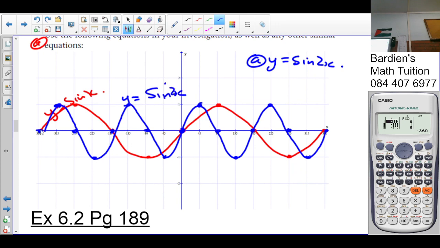Not so? So what do you see? What is different here? What's the amplitude of that graph? Still 1. Why? Because the measurement from the maximum to the neutral point is 1. So the amplitude is still 1. But what else do you notice?